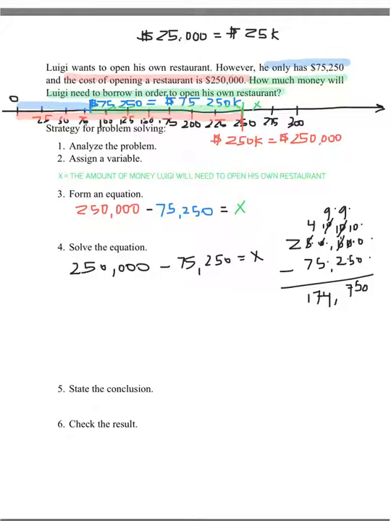Therefore, since all we needed to do was simplify the left-hand side of the equation, because the x is already isolated by itself, we can just bring that x down. And we know that the difference on the left-hand side is equal to $174,750.